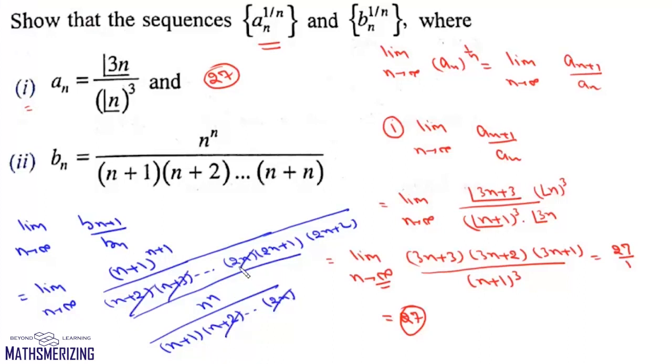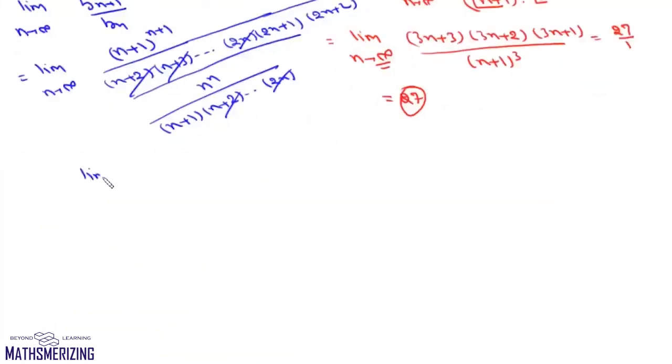Now we can write this as the limit as n tends to infinity of n plus 1 to the power n plus 2 upon n to the power n, 2n plus 1 and 2 into n plus 1. We'll cancel this n plus 1 once. So you'll get n plus 1 to the power n plus 1.